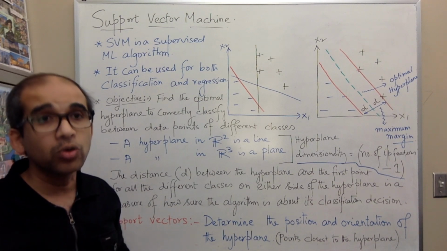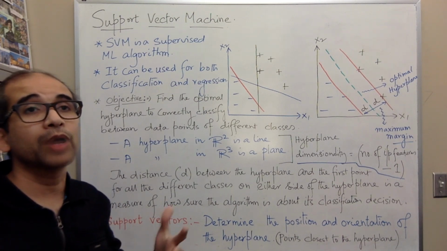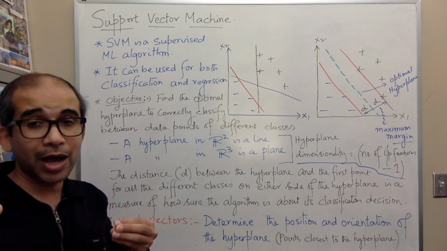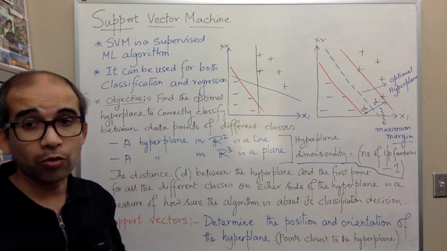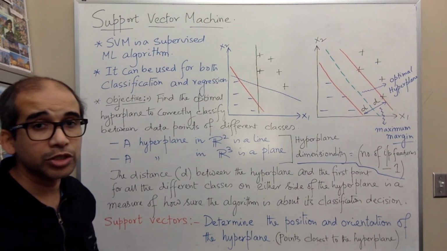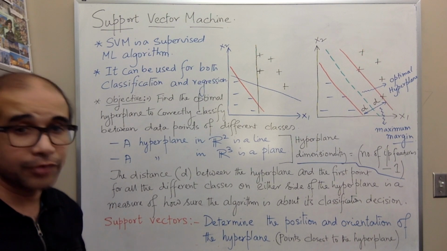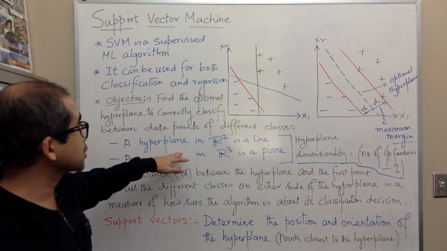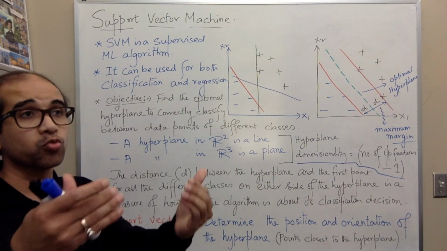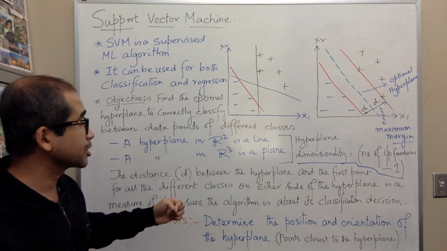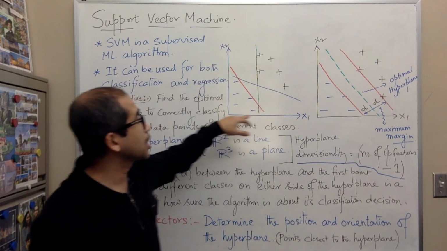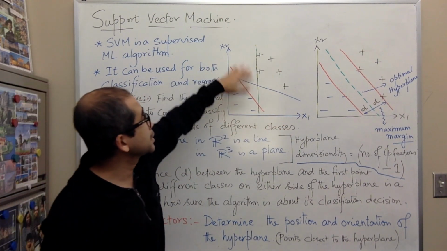So we model it as a convex optimization problem, where we try to maximize the width of that margin. Now, hyperplane is a term which is used generally. If it's a two-dimensional space, then this will be a line. The hyperplane dimension is one less than the number of features. In a two-dimensional space there are two features, and the hyperplane is a straight line.